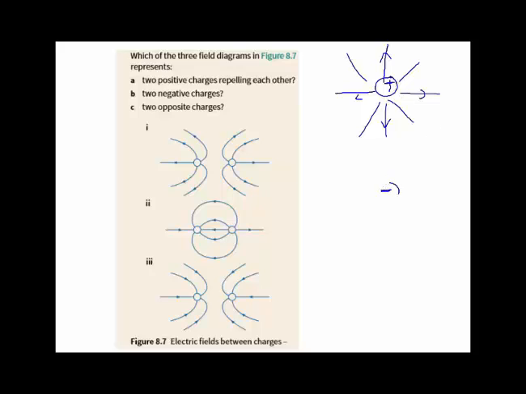For a negative charge, because the field goes from positive to negative, the field lines go towards the inside of the charge. We call this a radial field. The field lines seem to radiate from the center here.